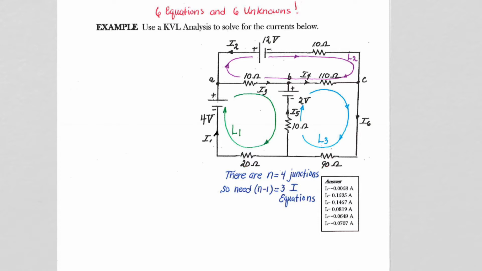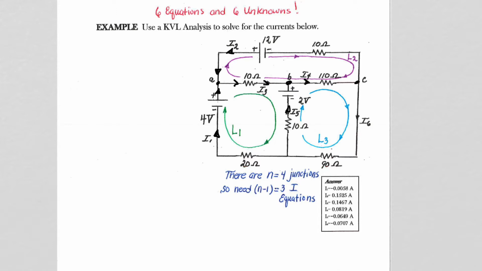So I took I1 coming out of the battery here. So I1 combines with I2 coming down and makes I3 coming out of junction A going into junction B. I3 will combine with I2 coming up and I4 then going to the right.